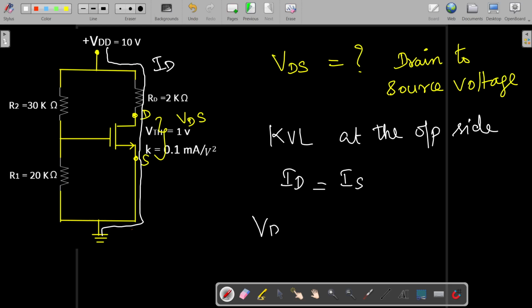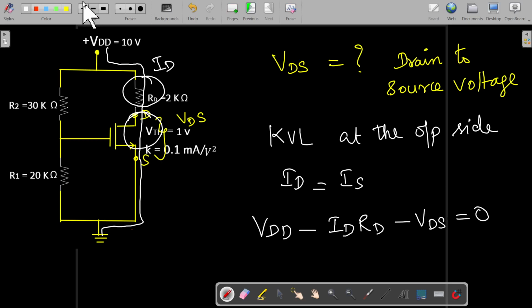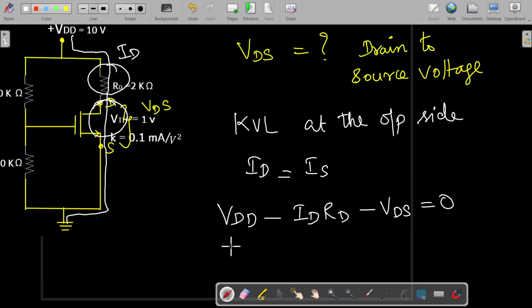Now we can write this KVL. It is VDD minus, when this ID flows through this RD, you get a voltage drop of ID into RD, and across this you get minus VDS, and that is equal to 0. Now we can substitute the known values.